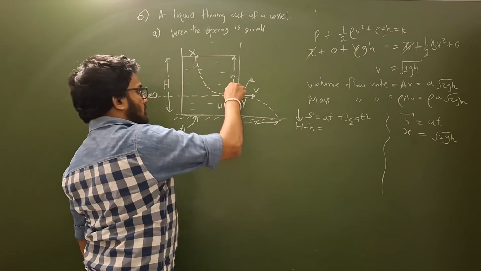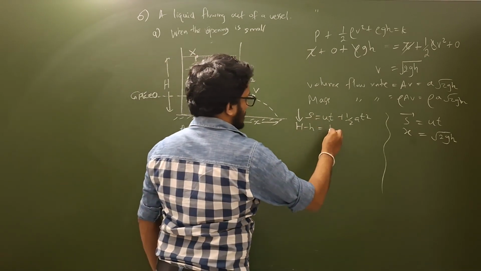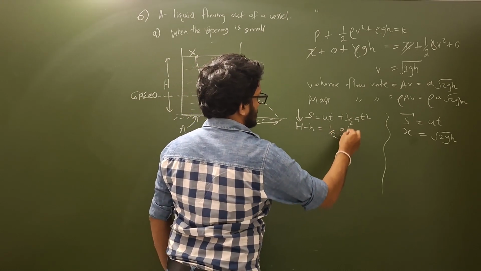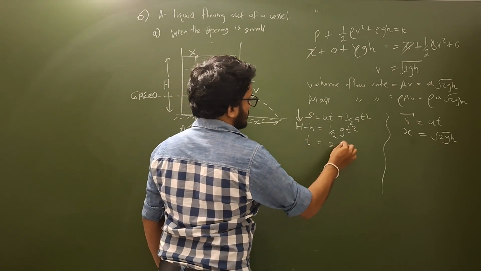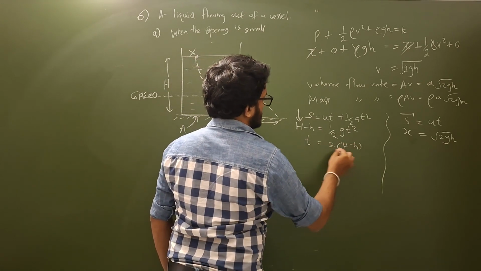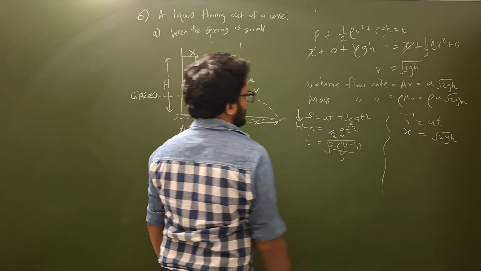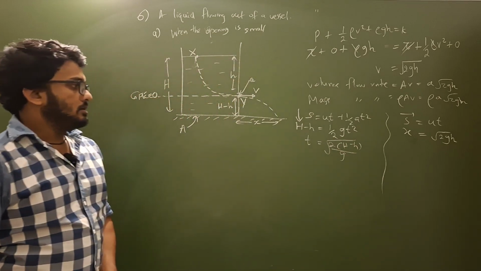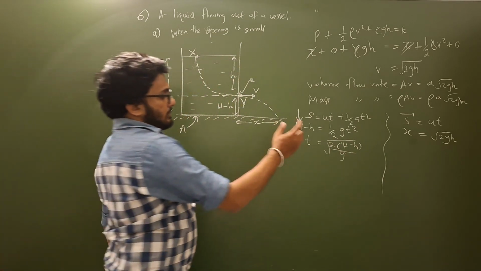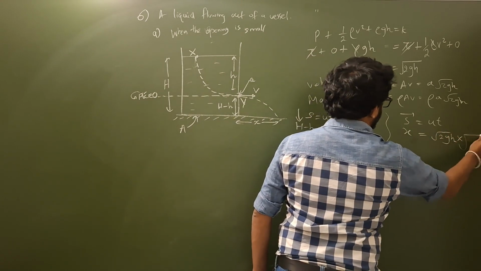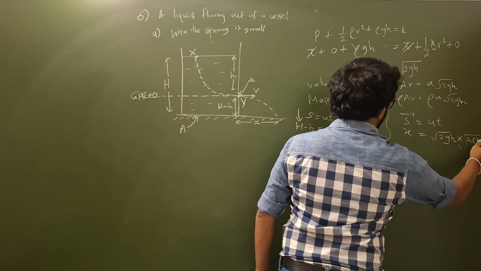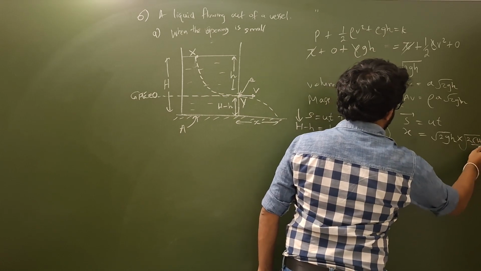Initial downward velocity is 0, there is no velocity in the downward direction, so s equals half g t squared. So t is square root of 2 times (H minus h) over g. If we apply this to here, I get 2 times (capital H minus simple h) over g.